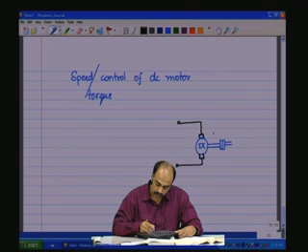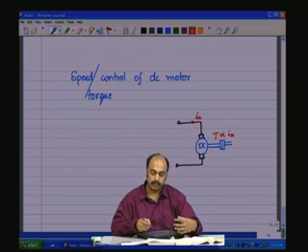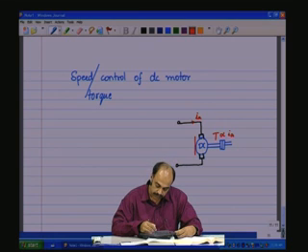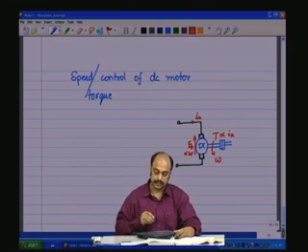Now the torque here on the mechanical side is proportional to Ia, that is on the electrical side. The torque, the effort, is proportional to the flow on the electrical side, and we have the back EMF here, EB, which is of course proportional to the speed omega on the mechanical side.